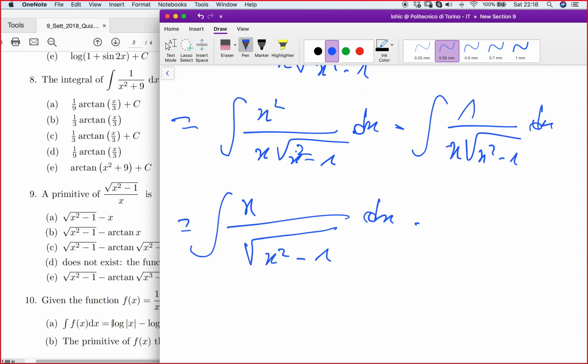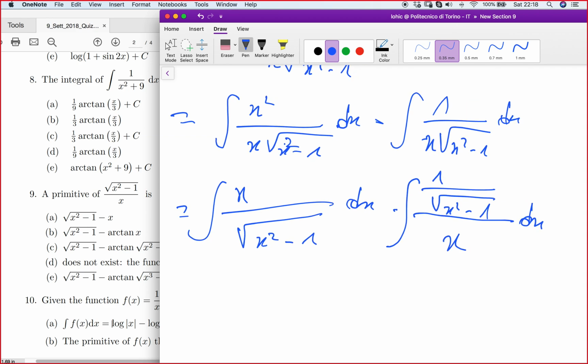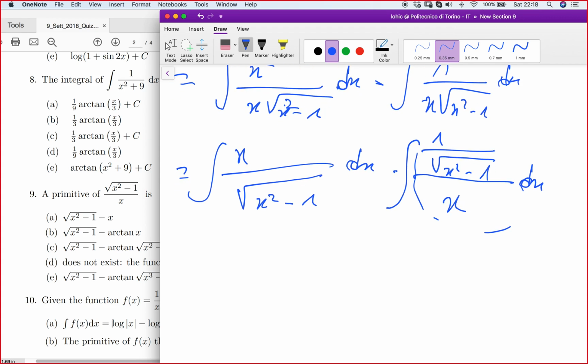In fact, I would like to write it like this instead: 1 over square root of x squared minus 1, all over x, the integral in dx. It's the same, right? Because if you do this computation, you get back the same function.